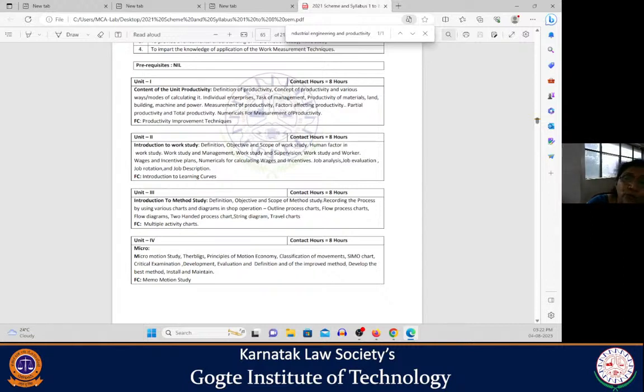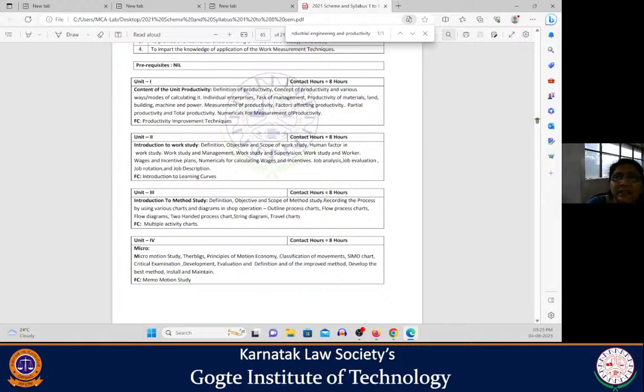If you do that, the time required will be less, the fatigue incurred will be less, and it will be more efficient and more effective. In turn, you can say that it is more productive work. So you are going to learn how to observe, record, and analyze, and develop the best method of doing the job by eliminating the unnecessary elements. That you are going to learn in unit 3.